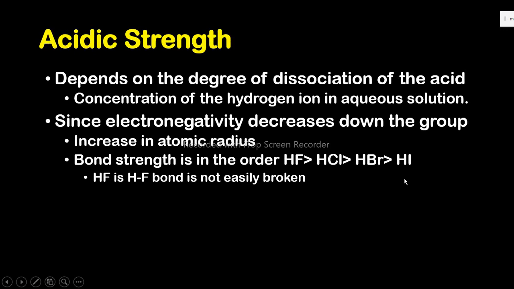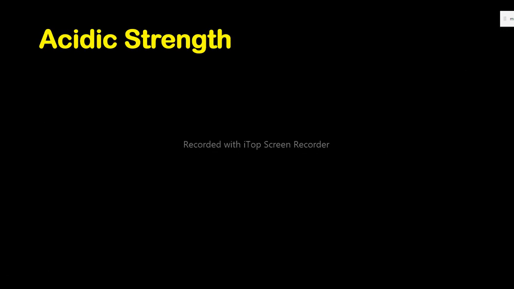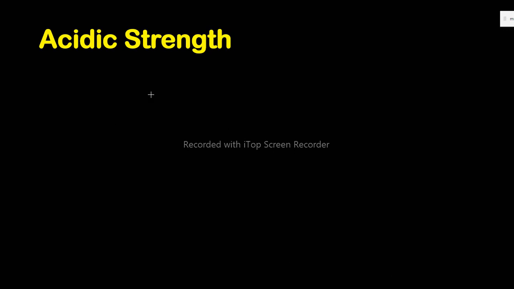So we say that the acidic strength depends on how easily you can release the protons in an aqueous solution. The higher the hydrogen ions, the lower the pH, the higher the strength of an acid.